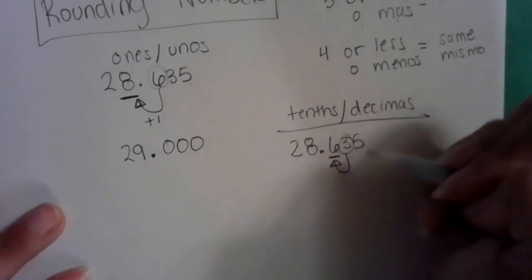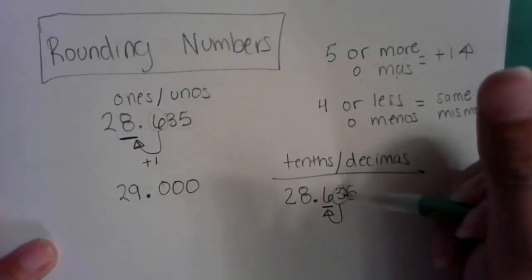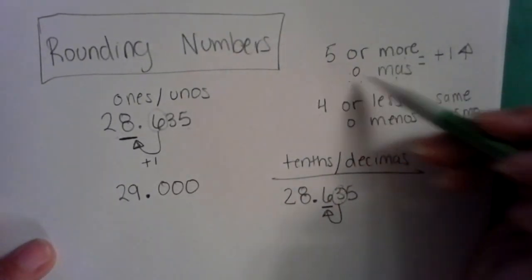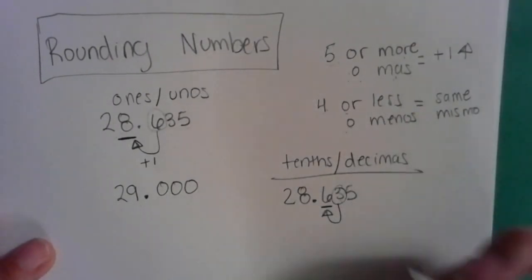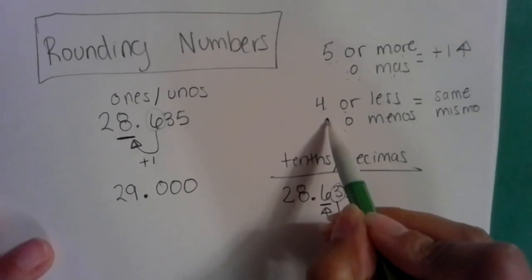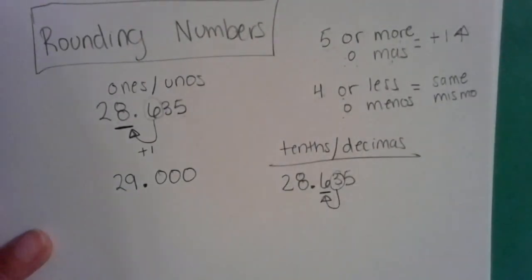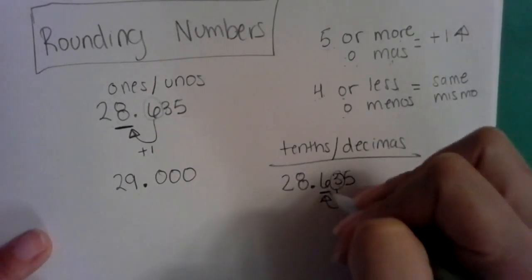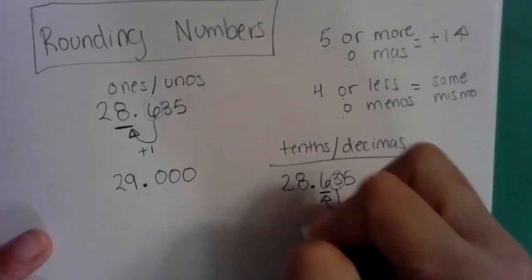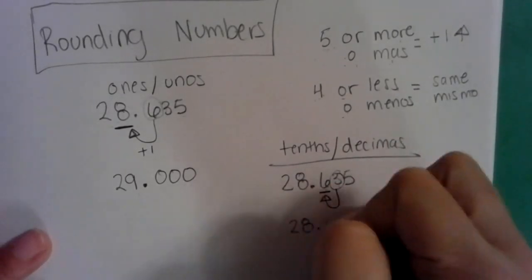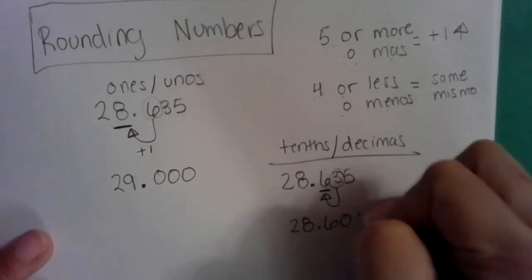Remembering that this one is the boss, I think about my rule. Is 3 5 or more, cinco o más, or 4 or less, cuatro o menos? 3 is 4 or less, cuatro o menos. So it's going to tell my 6 to stay the same, mismo. The rest of my numbers, 0.